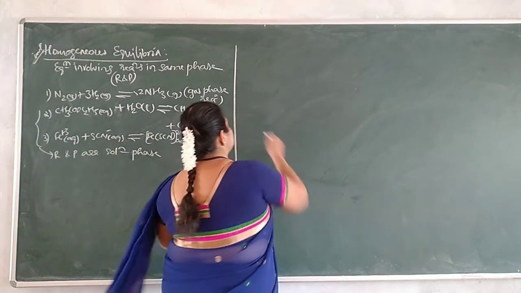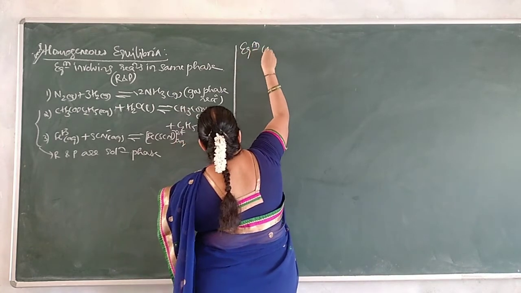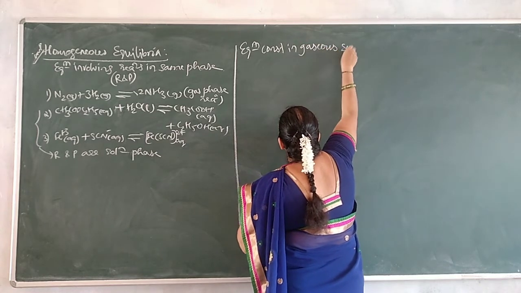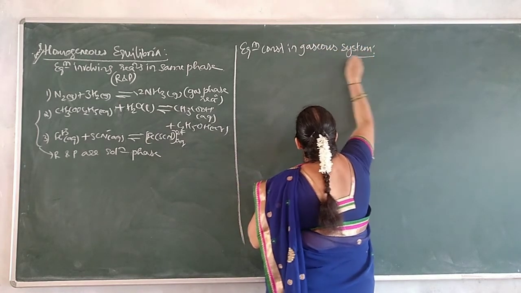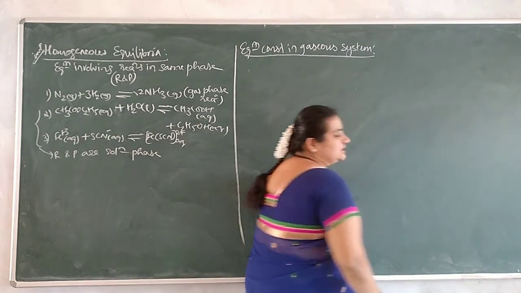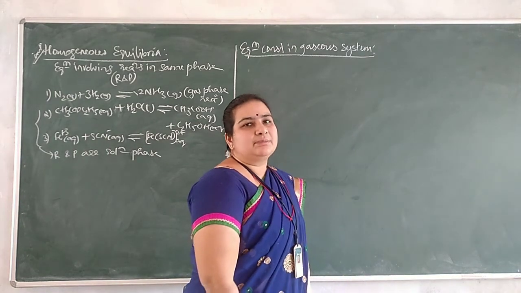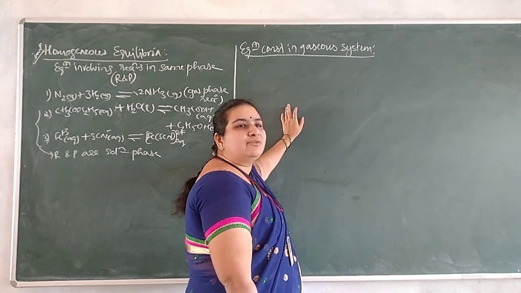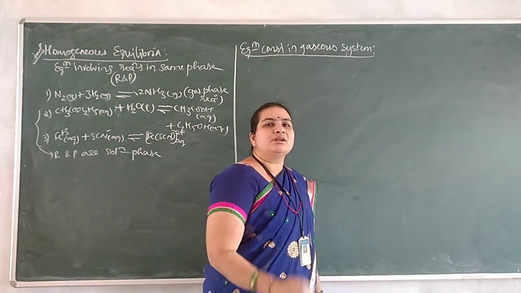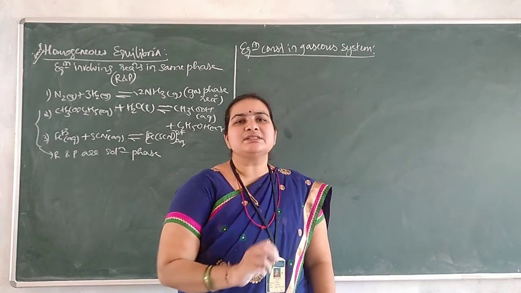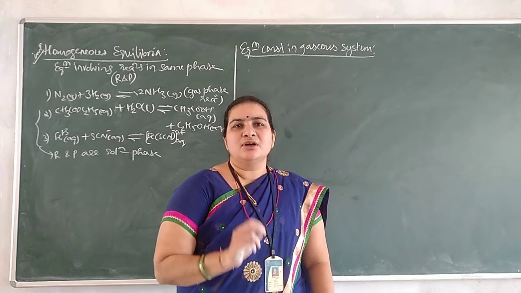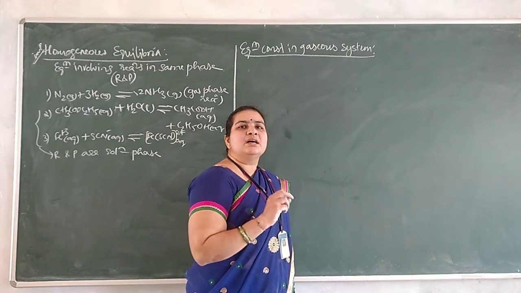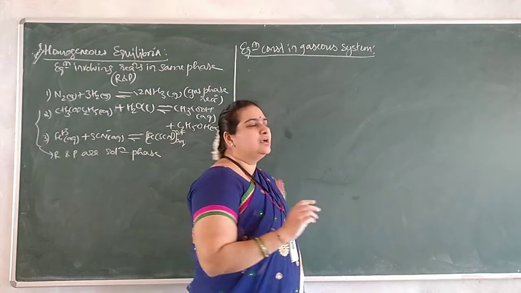Now the next concept is the equilibrium constant in gaseous systems. In the case of solutions we express the concentration in terms of molar concentration, and in the case of gases it is convenient to express the concentration in terms of partial pressure.